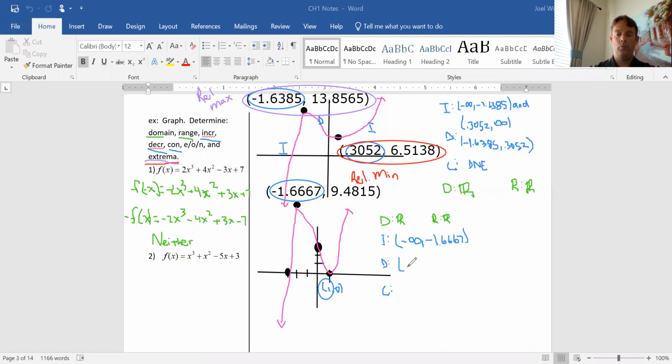Decreasing from -1.6667 to 1, and increasing again from 1 to infinity. Constant, there was none, so we just skipped that part in general. DNE, there was no constant.